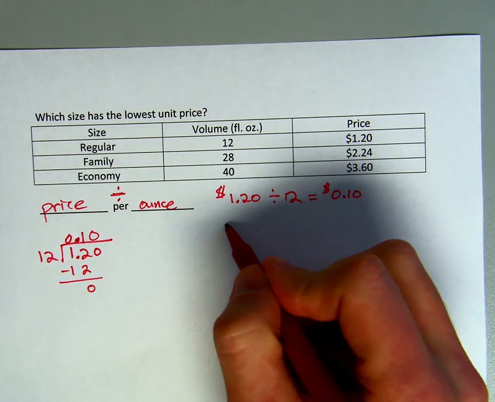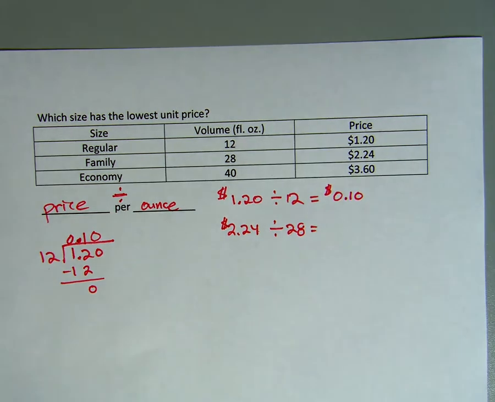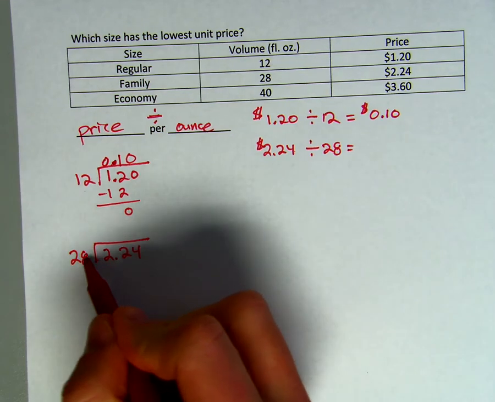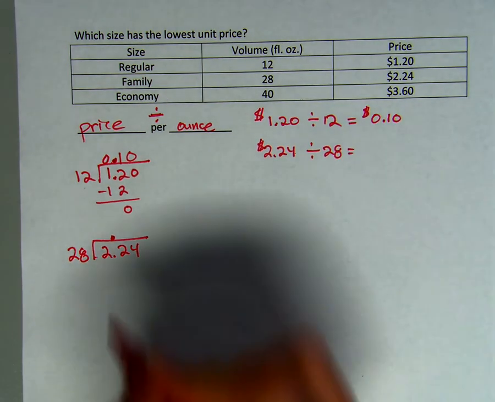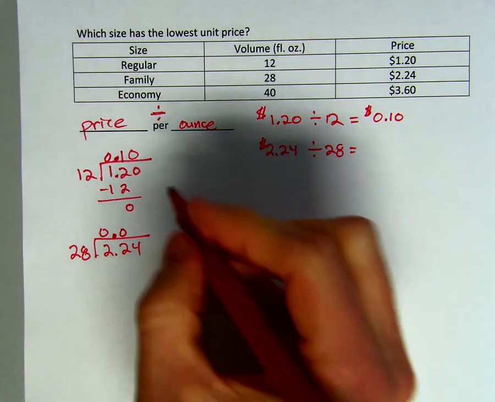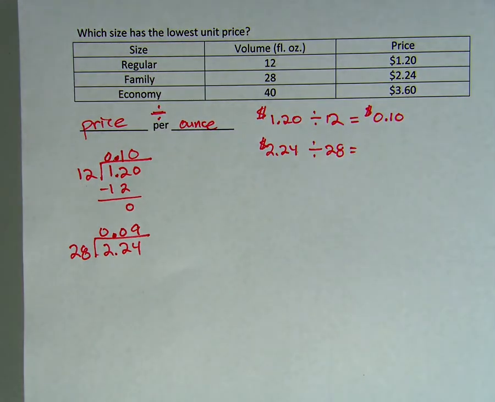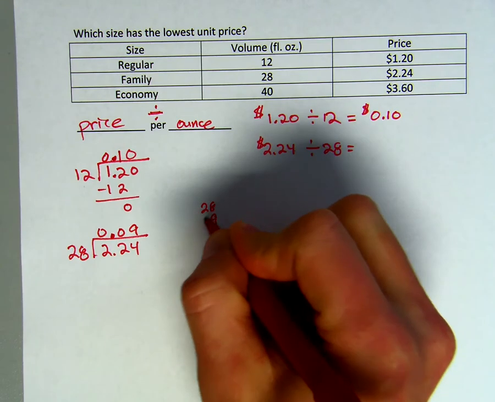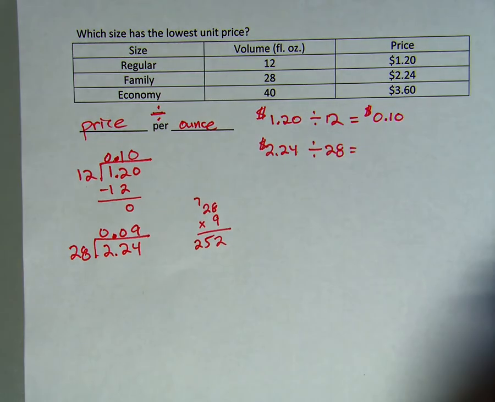And now I'll do my family size, which is 224 divided by 28. Let's do my work over here. 28 does not go into 2. 28 does not go into 22. Put my 0 over there. And so 28 goes into 224. Let's try 9 times. 9 times 28: 8 times 9 is 72, 9 times 2 is 18, and that's 252.